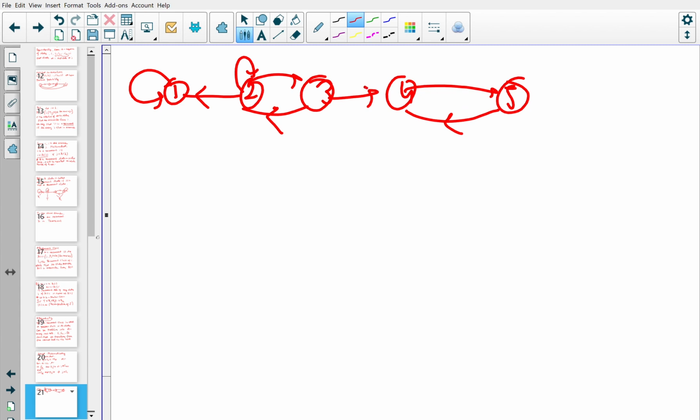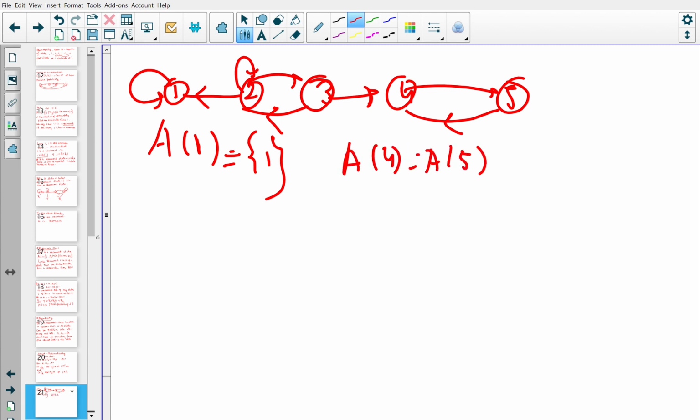Now 1 is a recurrent state, and it is also the whole recurrent class of 1 itself. The recurrent class of 4 and of 5 are the same, and they are 4, 5.